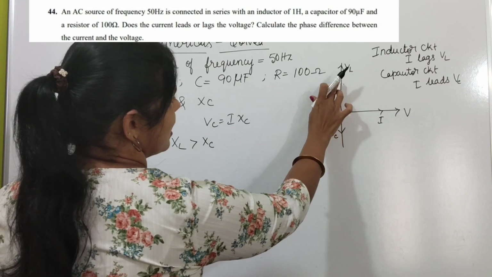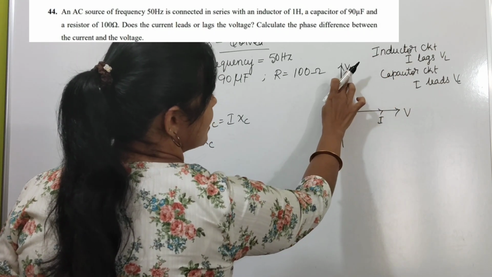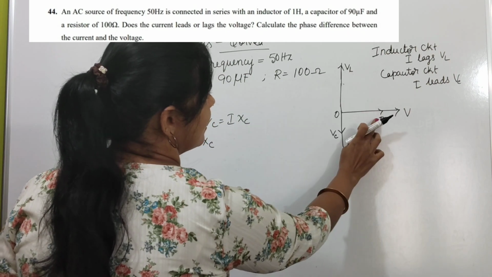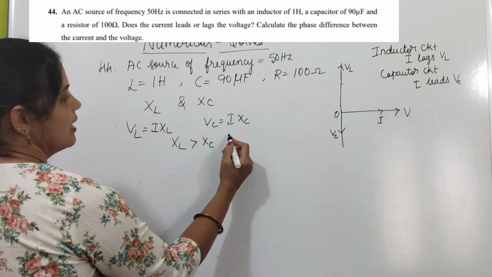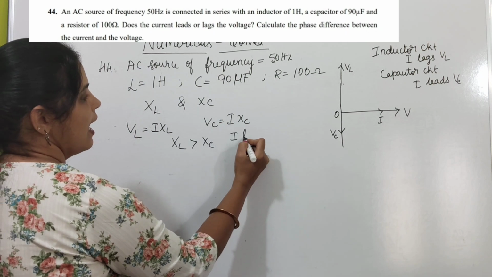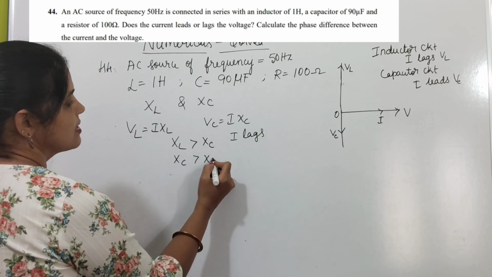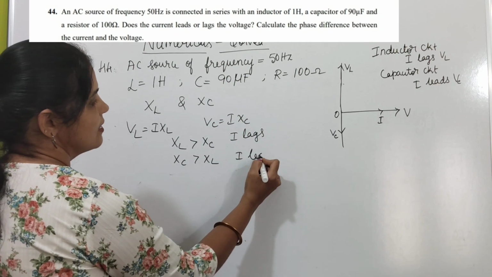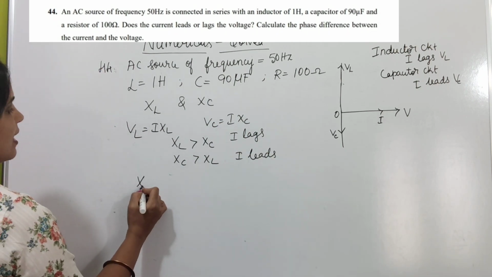Then we come to know that current is lagging. In an inductor circuit, VL greater than VC means current is lagging the voltage. Is this clear? If XL is greater than XC, I lags. Okay. If XC is greater than XL, then I leads. Is it clear?